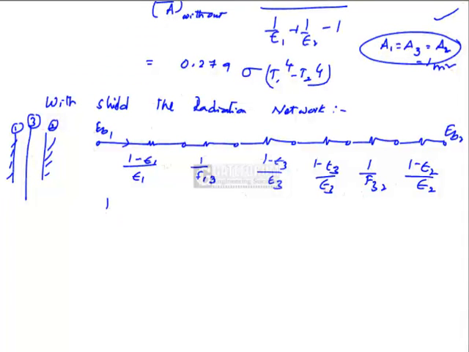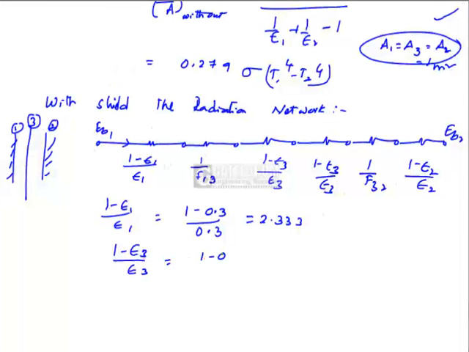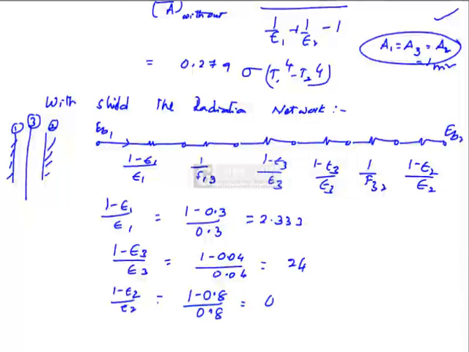Now I calculate individually the resistances. 1 minus 0.3 by 0.3, this is 2.33. 1 minus epsilon 3 by epsilon 3, this is (1 minus 0.04) divided by 0.04, this is 24. 1 minus epsilon 2 by epsilon 2, this is (1 minus 0.8) by 0.8, it results in 0.25.